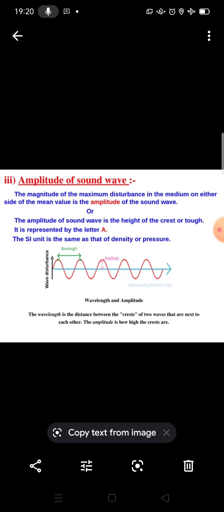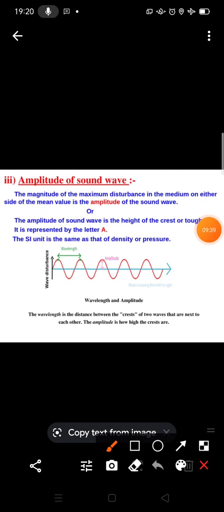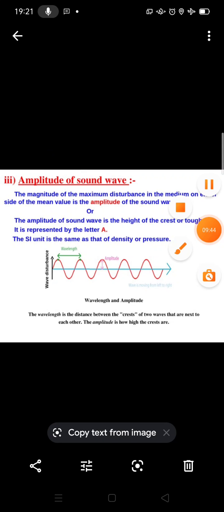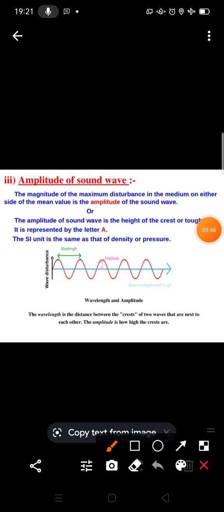Amplitude means the distance of the maximum displacement of the particle of the medium from its mean position. So students, the amplitude is the magnitude, the numerical value of the maximum disturbance in the medium on either side of the mean value.